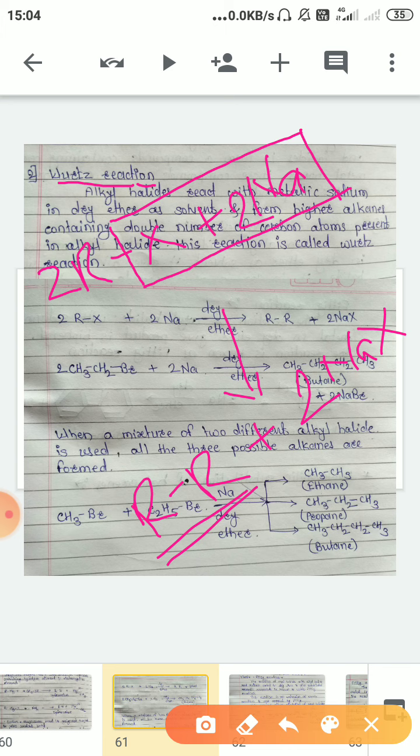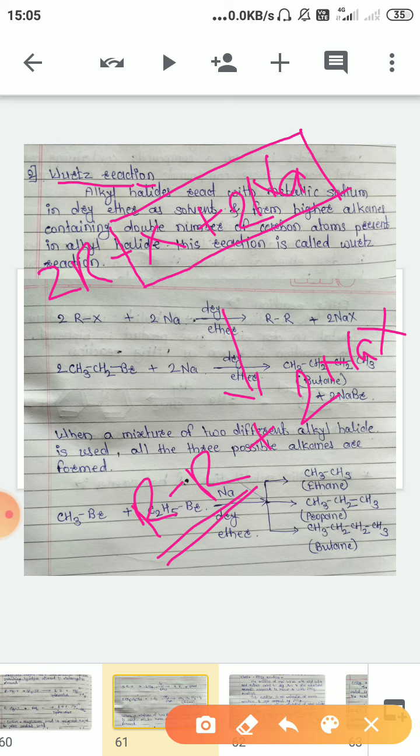For simplicity you can make a general statement for the Wurtz reaction. When 2 moles of alkyl halides react with 2 moles of sodium metal in the presence of dry ether as a solvent, it gives an alkane with a higher number of carbon atoms, or it gives a higher alkane with sodium halide. This reaction is called the Wurtz reaction, and we can also use it for the preparation of higher alkanes.